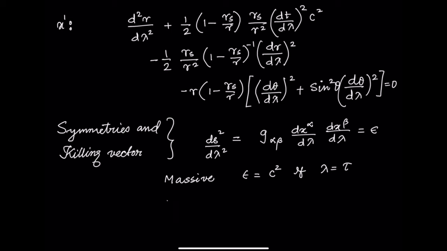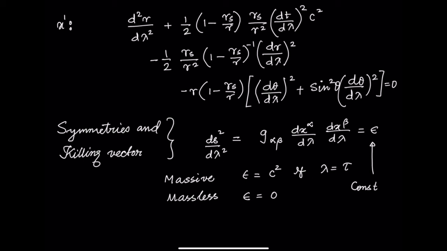If it is massless, which is the trajectory of light, we know ds square equals 0. So in that case, epsilon is simply 0. Okay, so that is one. So epsilon is a constant.